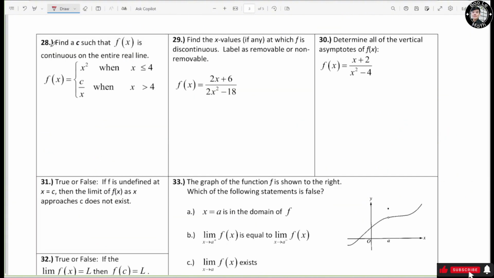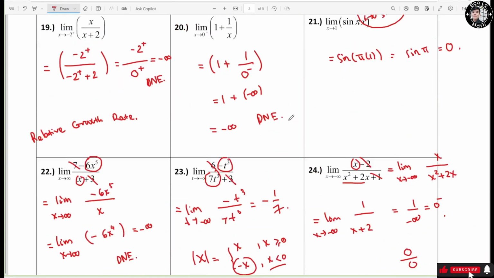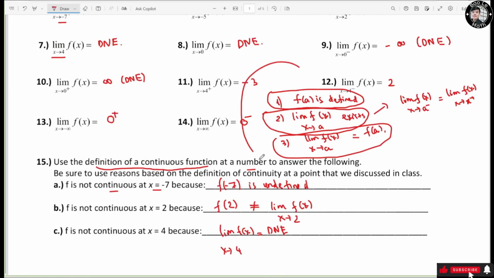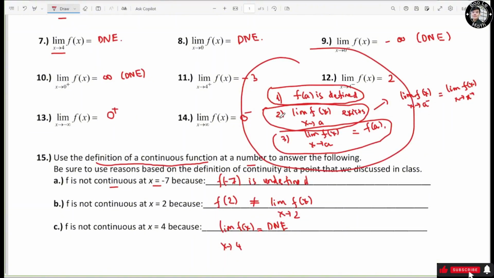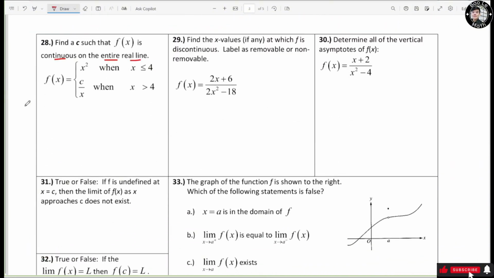Now question 28. Find number c such that f of s is continuous on the entire real line. In order to do this, we need to use the definition of continuity. So we need to find the limit of the function f of s when s approaches 4 minus.